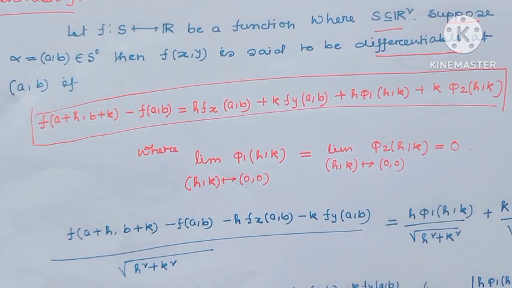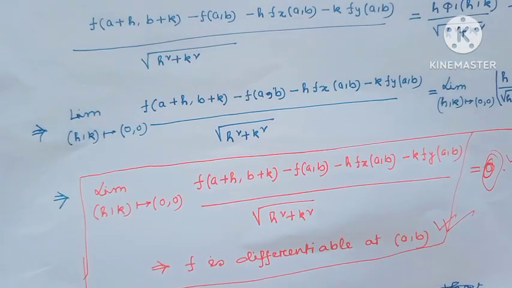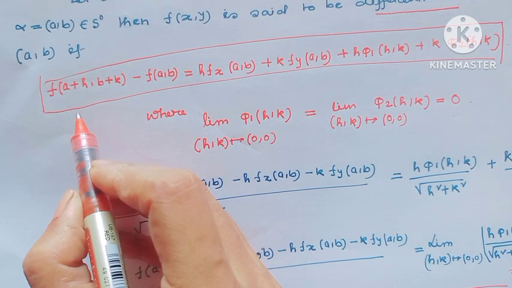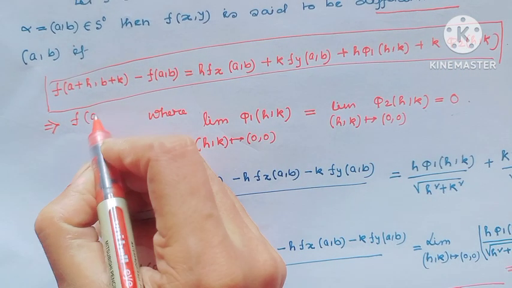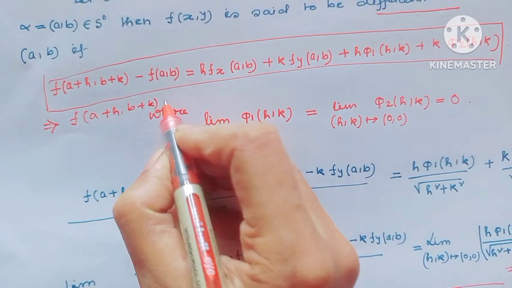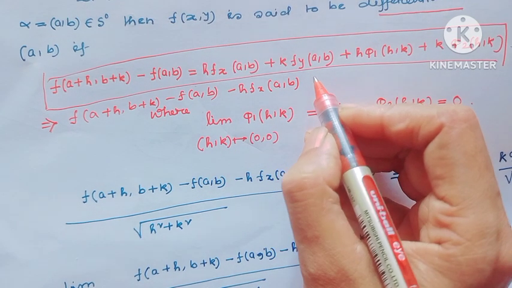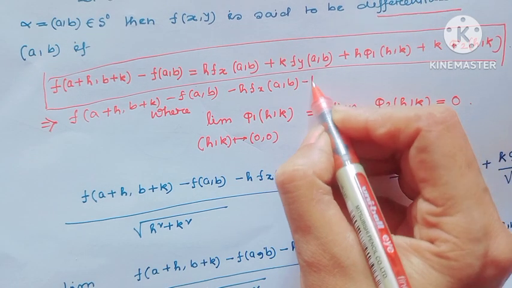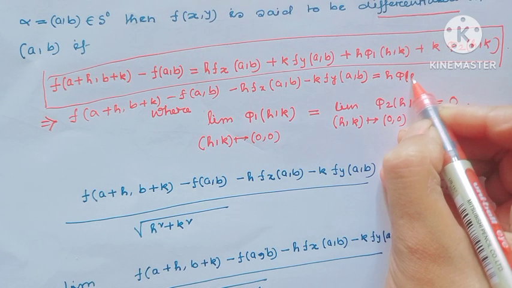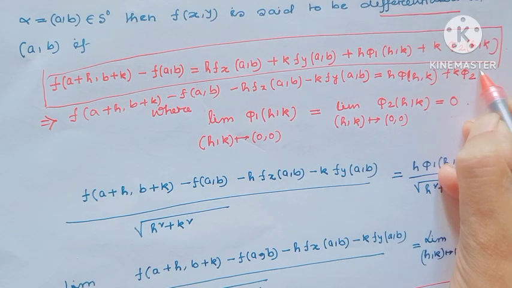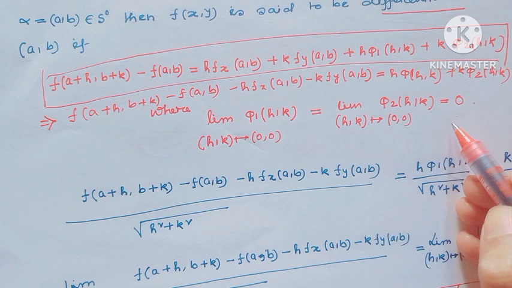If a function is differentiable, then if we apply this method, f(a + a, b + k) − f(a, b) − a fx(a, b) − k fy(a, b) can be written as a·φ1(a, k) + k·φ2(a, k), where the limit as (a, k) goes to 0 of φ1(a, k) and φ2(a, k) is always equal to 0.